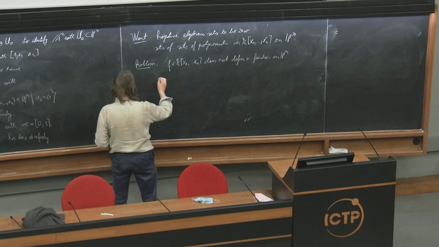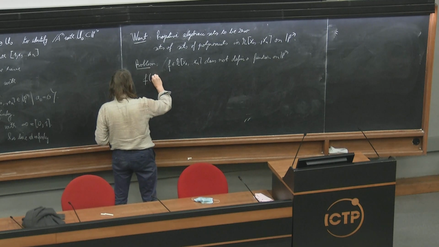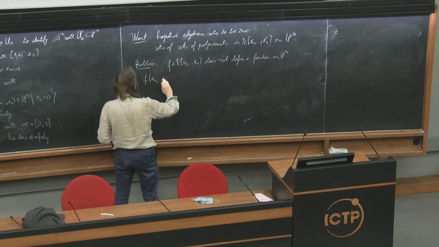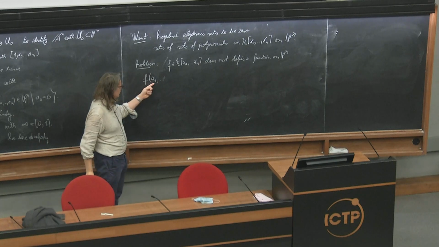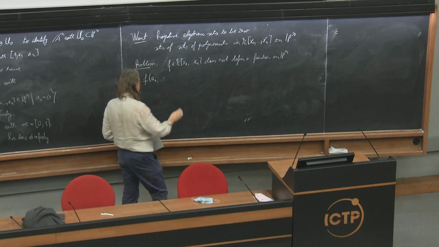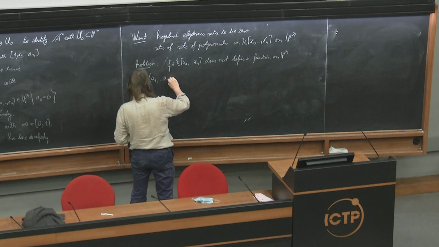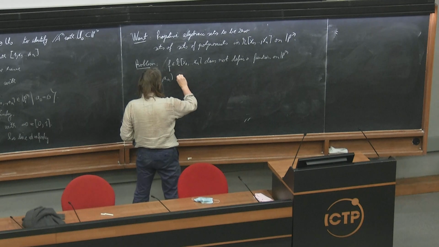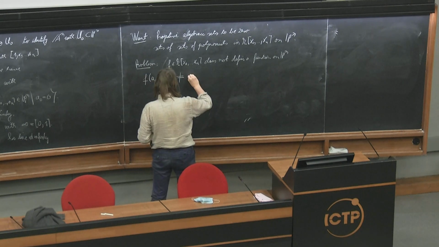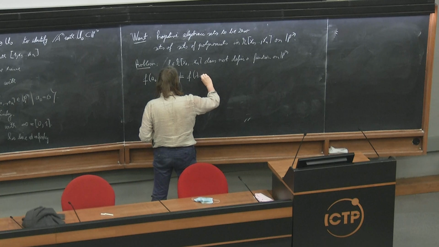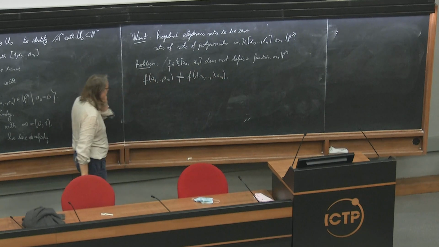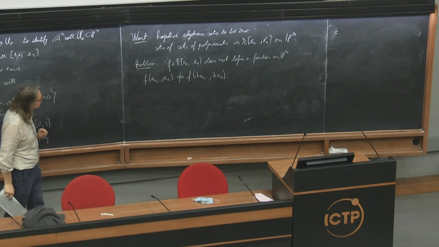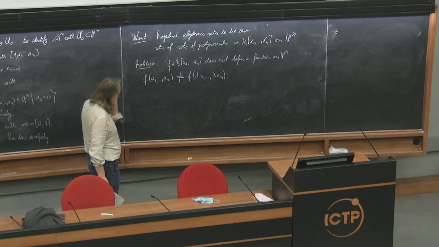How should the polynomial define a function? You just put the homogeneous coordinates of the point into the polynomial, and this should give us a function. But f(a0, ..., an) is usually not equal to f(lambda a0, ..., lambda an). And so this seems to have been a bad idea, but it's not quite as bad as that.